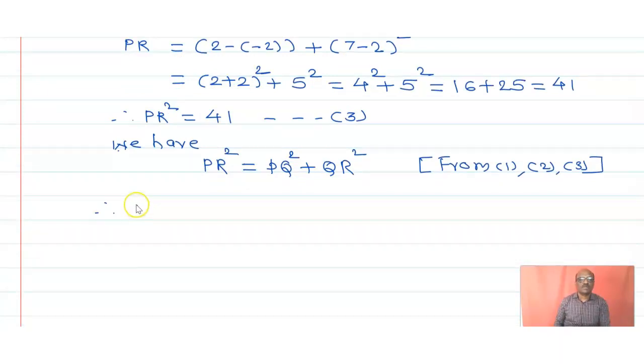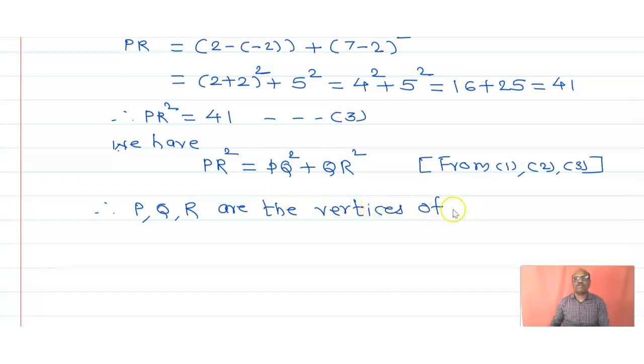Therefore PQR are the vertices of a right angle triangle. Right angle triangle.